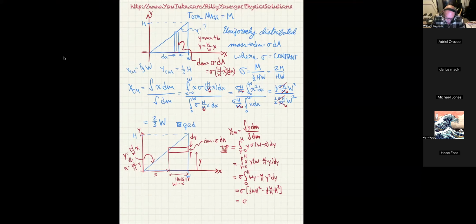The sigma is going to be in there. The W is going to be in there. In fact, what I now have is sigma times 1/2 minus 1/3, because notice the WH squared is what you get when you cancel out the exponent of 3, replacing it with a 2, and canceling out the h in the bottom.